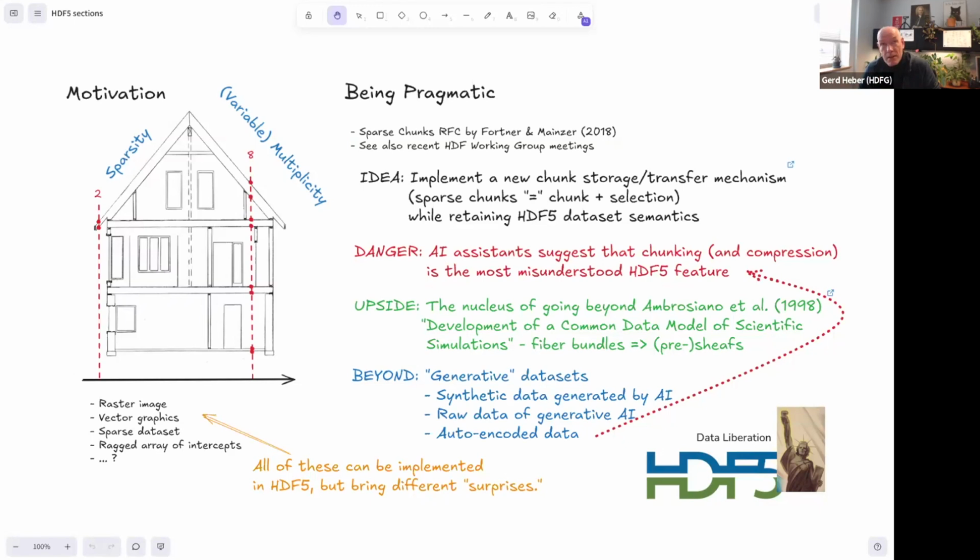The danger is that, and I did this experiment myself, if you go ahead and search for the most misunderstood HDF feature, or where people make a lot of mistakes in using the API, it's definitely chunking, and chunking in conjunction with compression.